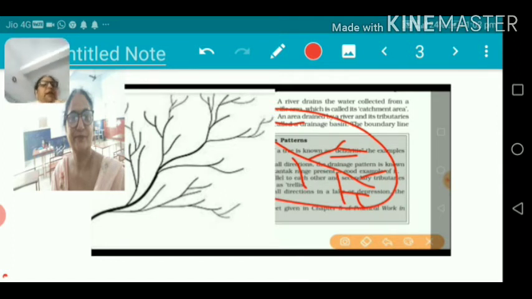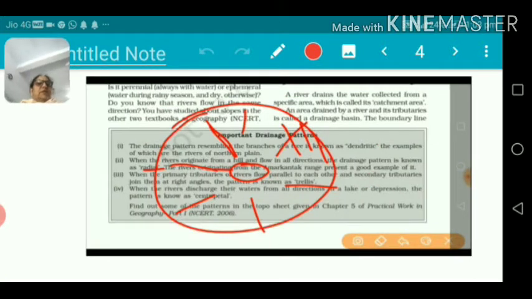The second type of drainage pattern is called radial drainage pattern. When the river originates from a hill and flows in all directions, as shown in the diagram, from the center it spreads out in all different directions.